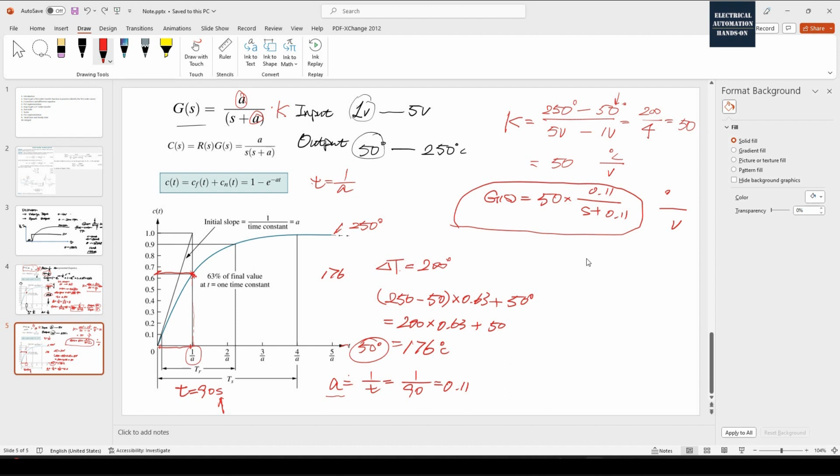And other than this transfer function, we must write down the initial status, because this transfer function is calculated based on this initial status. So the initial status of the input is 1 watt and the output is 50.